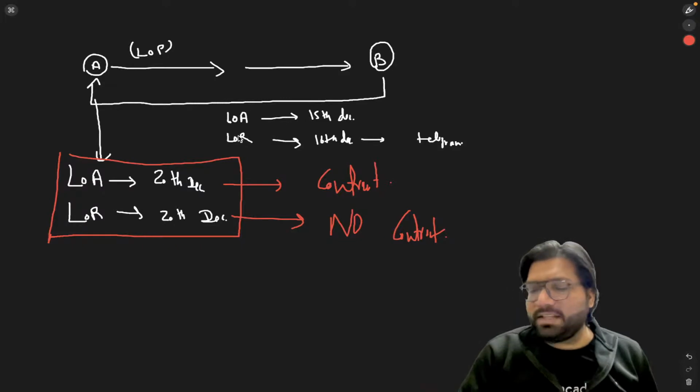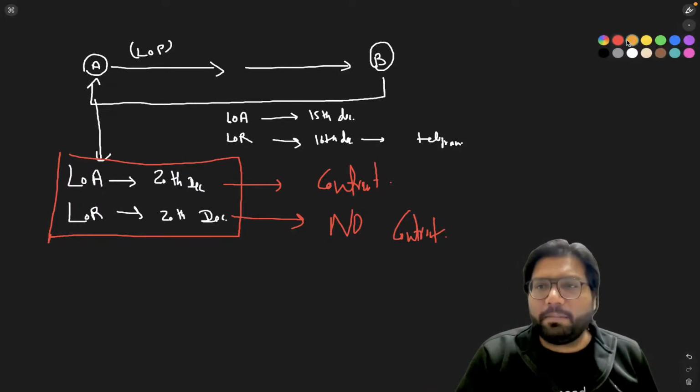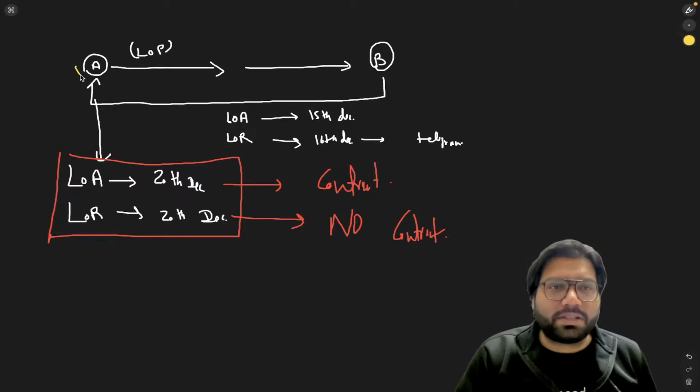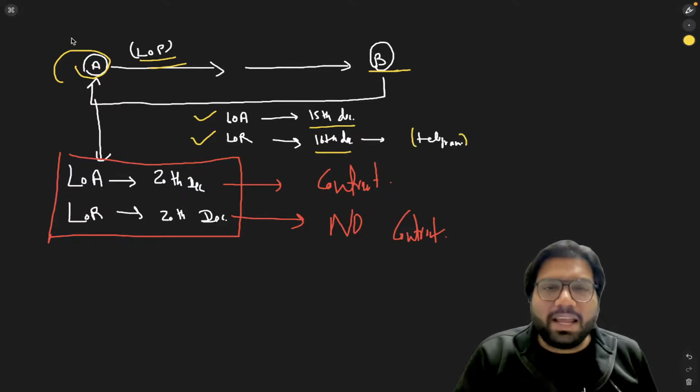Okay, I'm repeating myself, Amit. See, the question is very simple. Mr. A writes a letter of proposal to Mr. B. Now, Mr. B writes a letter of acceptance on 15th December, and writes a letter of rejection on 16th December. This was basically a telegram. Now, Mr. A received both the letter of acceptance and the letter of rejection at the same time.